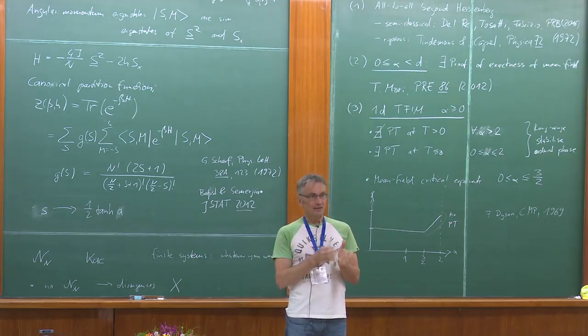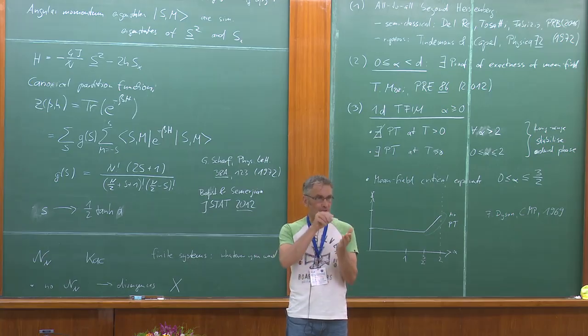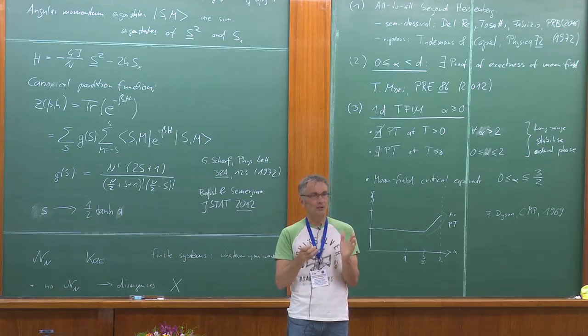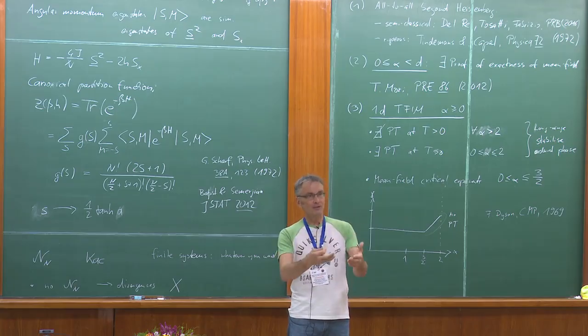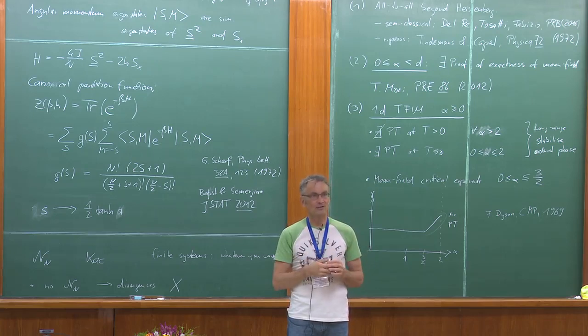But the critical exponents, which are only local quantities around the phase transition point, are the same as mean field. So this is not a contradiction. The free energies can differ, but the exponents, meaning the asymptotic expansion and the corresponding exponents, are still the same as mean field. Does this answer your question?